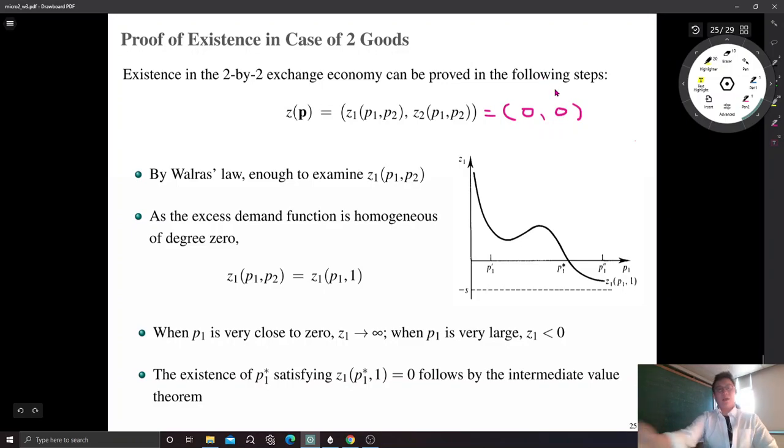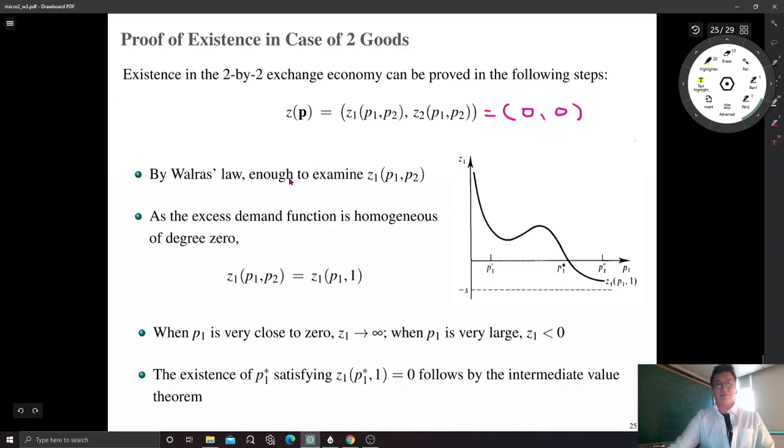So now we encounter a system of simultaneous equations. But by Walras' law, we know that at some price vector, if Z1 is 0, then Z2 is automatically 0. And so Walras' law allows us to work with one of these two functions. Although we have simultaneous equations, we don't have to think about the other equation. We can just work with one equation.